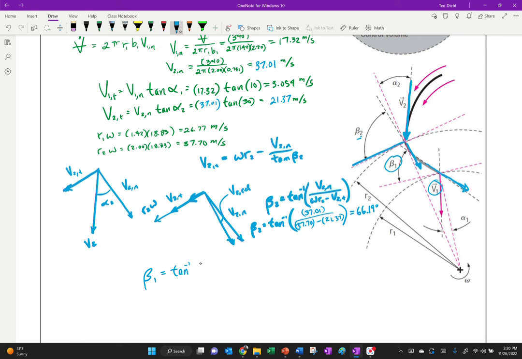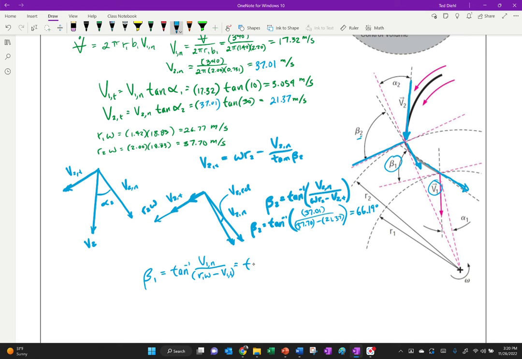But we take the inverse tangent of, I'll write out the equation again: V1n divided by R1 omega minus V1 tangent.